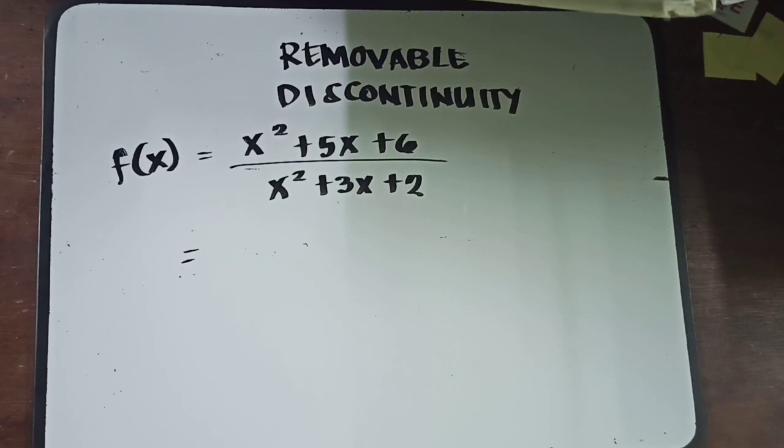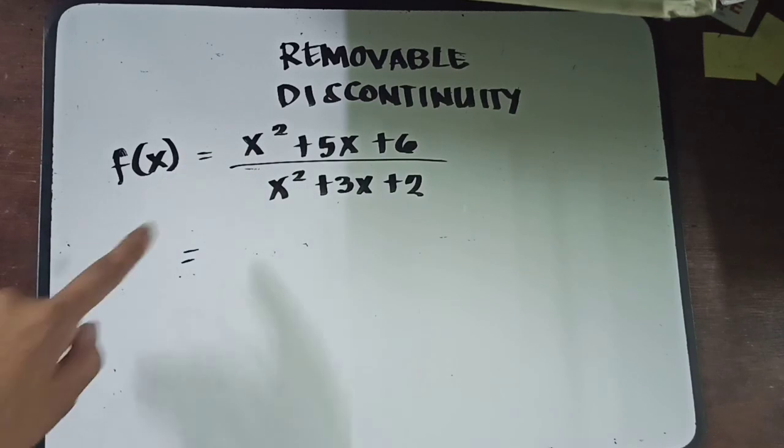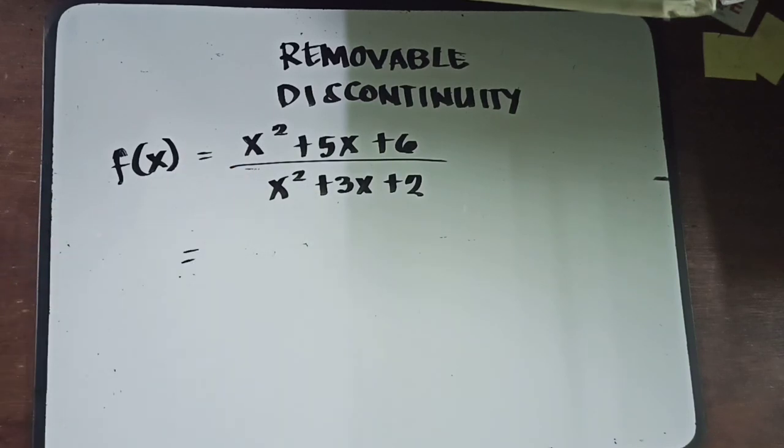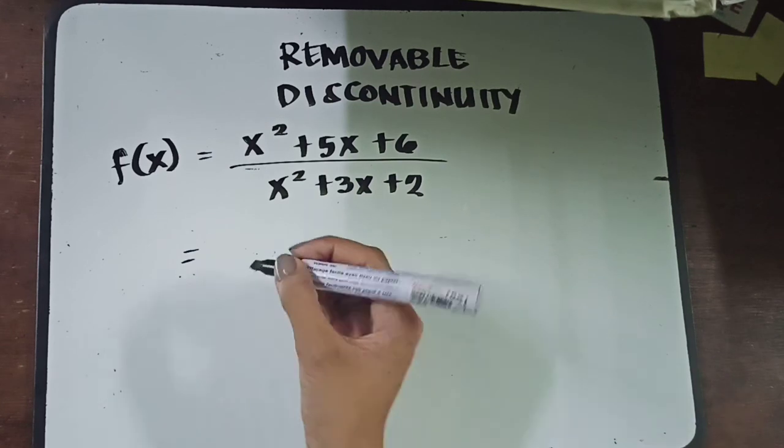Okay, so another example, f of x is equal to x squared plus 5x plus 6 over x squared plus 3x plus 2. So, check natin kung meron ba akong pwedeng i-factor or factorable ba tong numerator and denominator. So, yung numerator is factorable. This trinomial is factorable as well as the denominator is factorable. So, hanapin natin ano ba yung factors ng numerator natin.